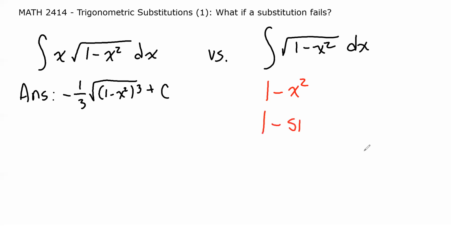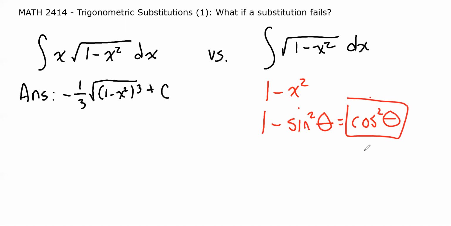One of them is 1 minus sine squared theta equals cosine squared theta. Now, why would that be advantageous if there was a sine squared there instead of an x squared? Because 1 minus sine squared is cosine squared, so it collapses from two terms to one term, and that, living under a square root, would simplify to just cosine. So let's take this up in the next video.